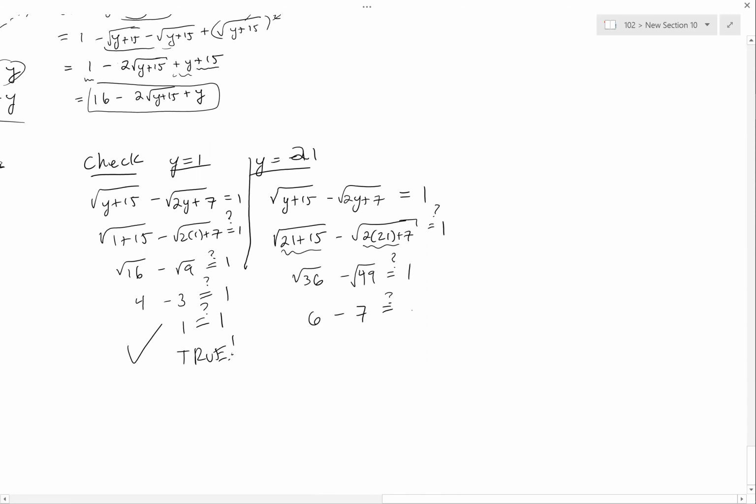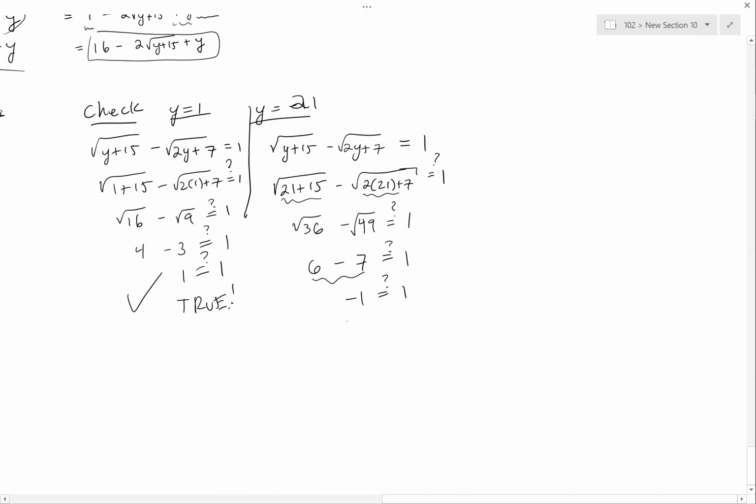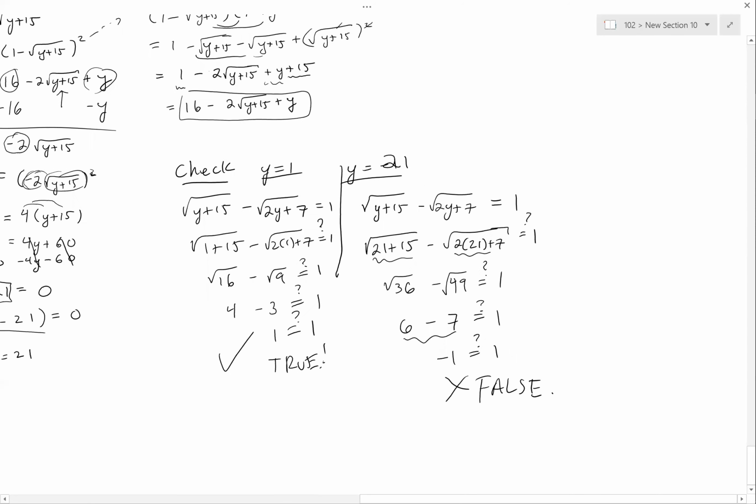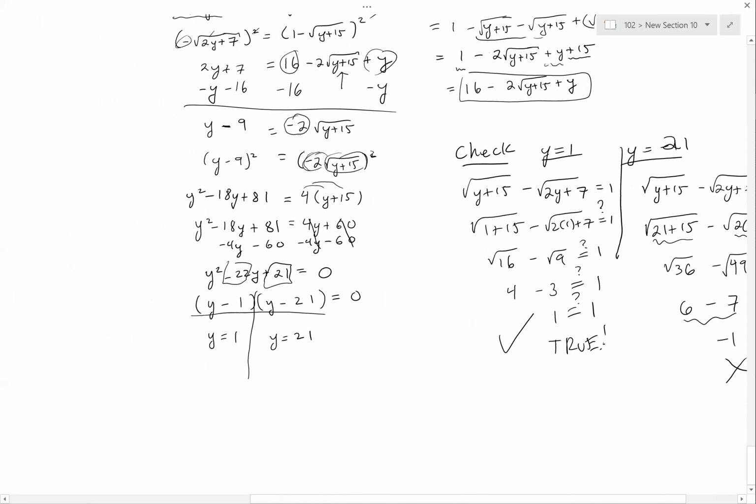Is that equal to 1? Well, 6 minus 7, that's definitely not 1. It's -1. So this is false. So y is equal to 21 was a false solution. Y is equal to 1 was a true solution, which means my solution set was 1.